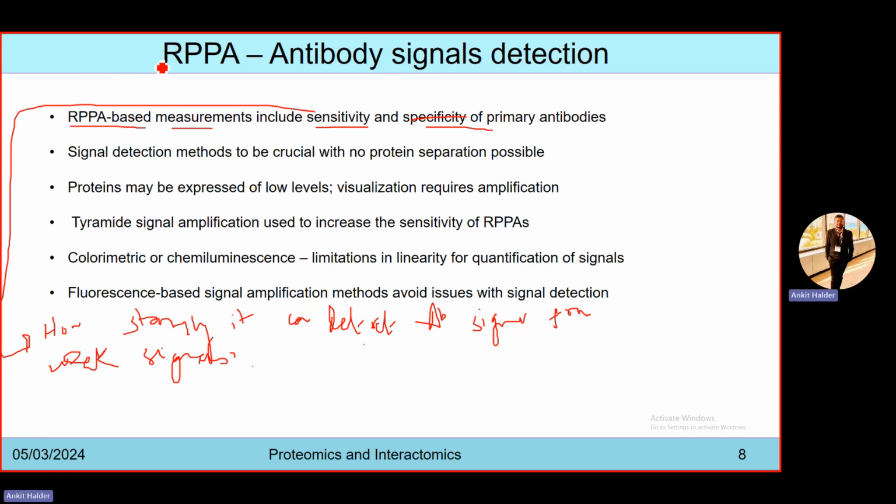Signal detection is crucial because no protein separation is possible.